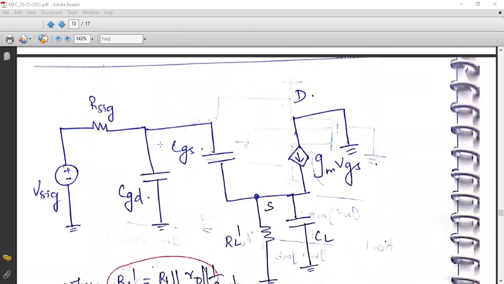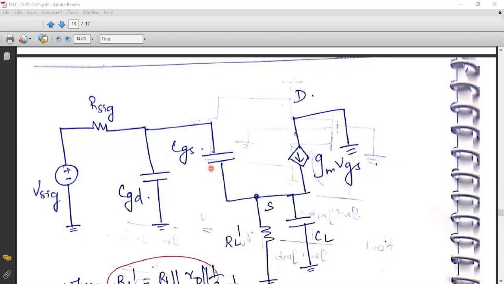If you see CGS, CGS is connected between gate and source. Now, if you look through the CGS, you can't see any physical resistors connected across the same terminal.